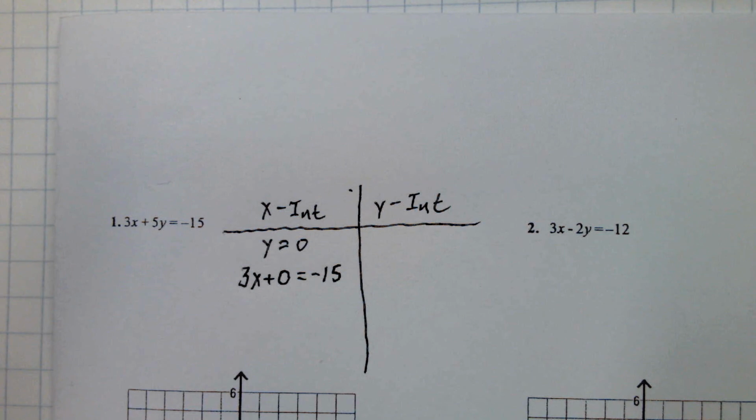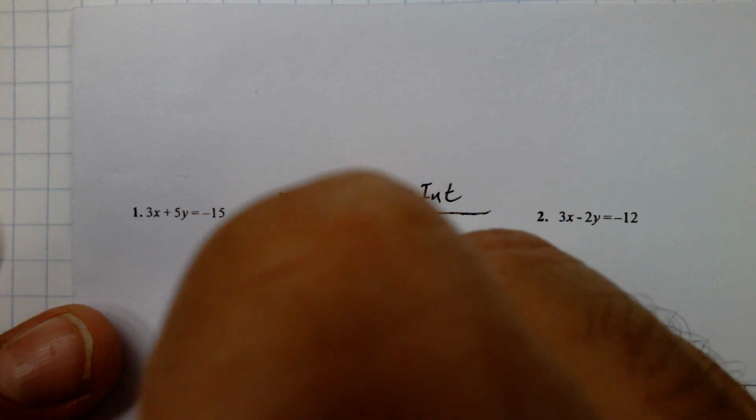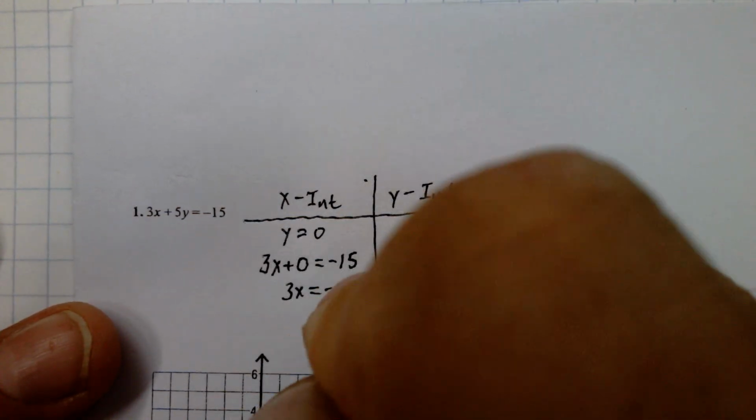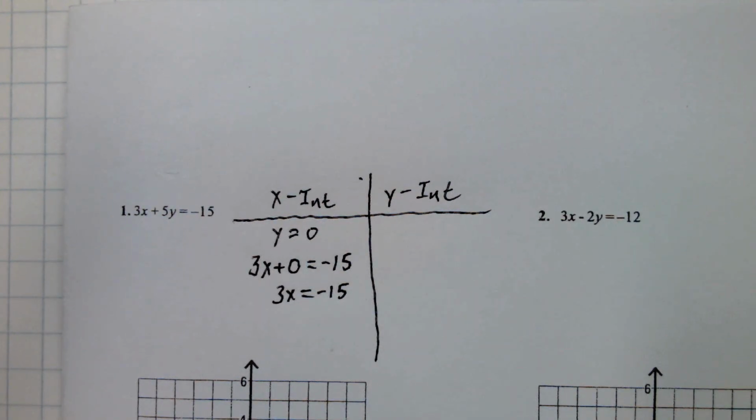Okay? Any questions there? Just to clean it up a little more, I'm just going to put 3x equals negative 15. Because this is my notes and I want to be completely clear as to what I did, I want to do that extra step. Okay?